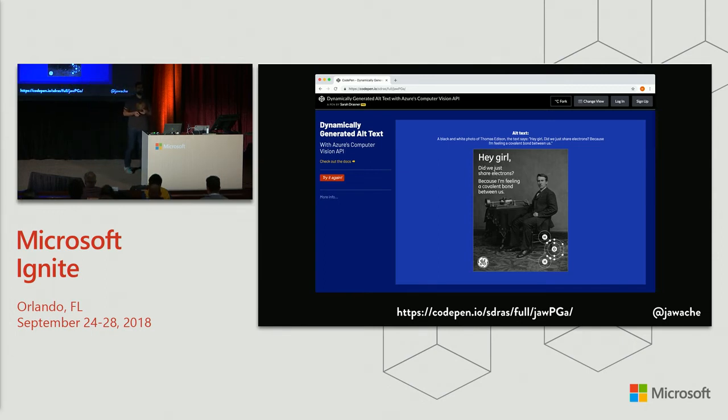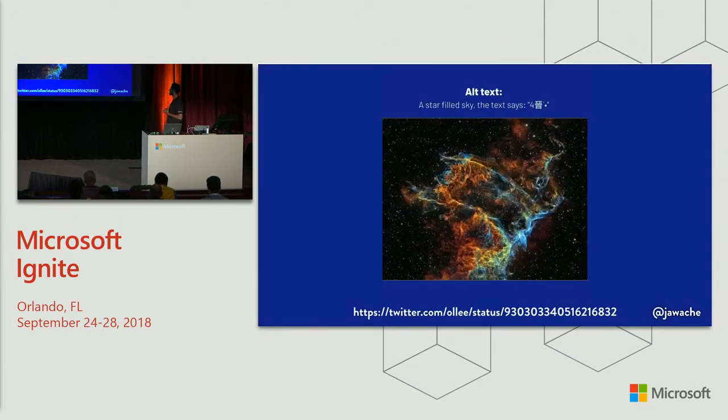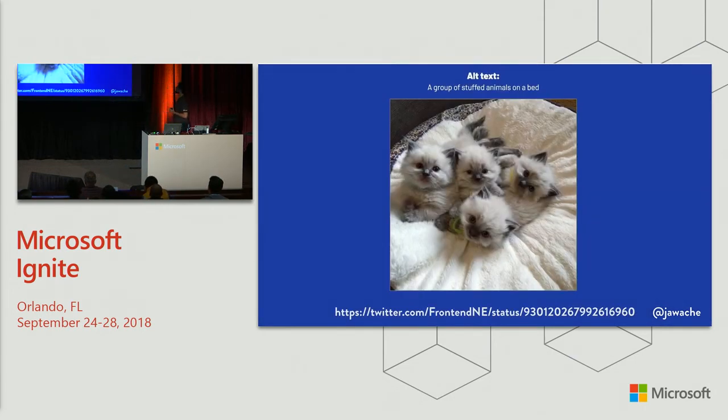Now, although this is a lot better than MobileNet, it still has its problems. A couple of people on Twitter found a few other things when she released it. So this says, a star-filled sky, the text says, I think it's an Asian language, I don't know, for something, so obviously that's incorrect, right? Has this one, which I'm not really sure.